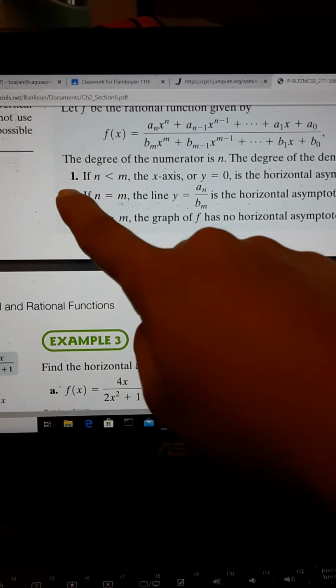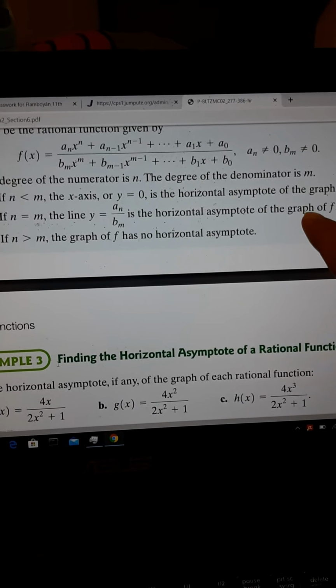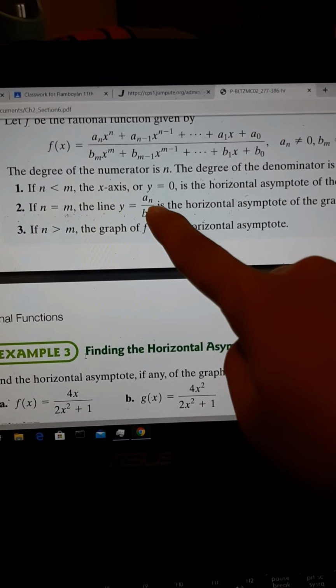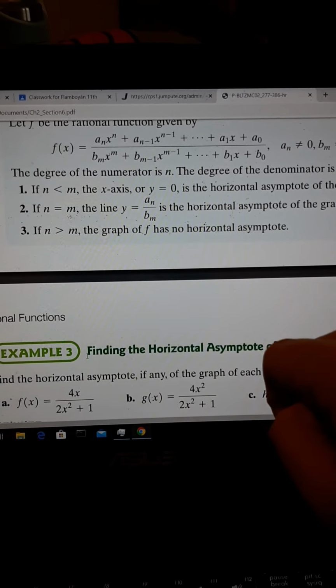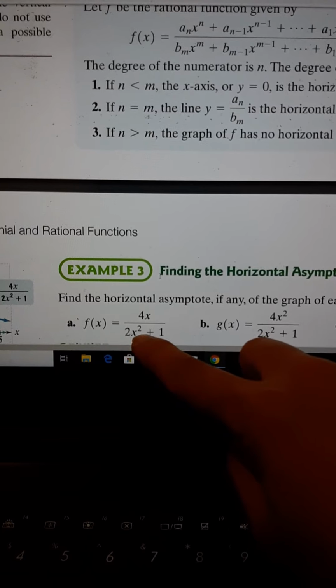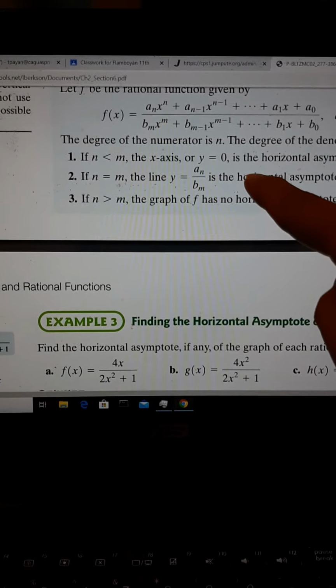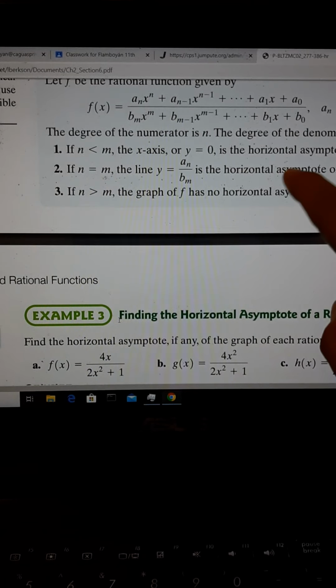That means we're going to be using rule number 1. Hence, we just have a horizontal asymptote where y is equal to 0. So for number 1, we observe that the denominator has a greater exponent, and therefore we go straight to rule number 1.